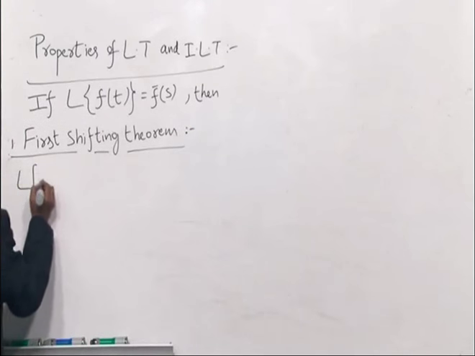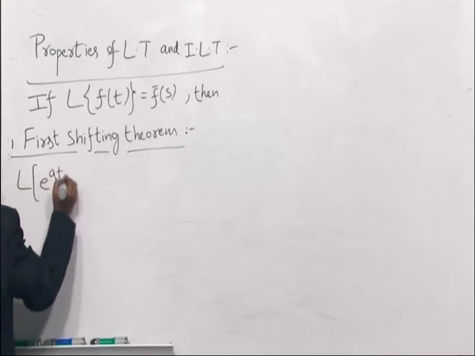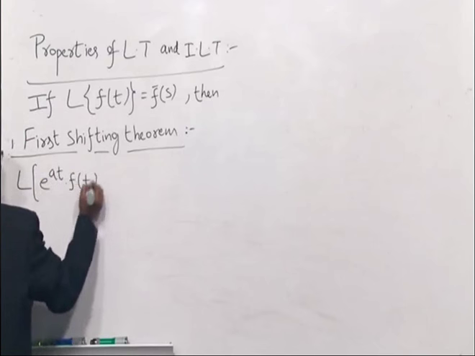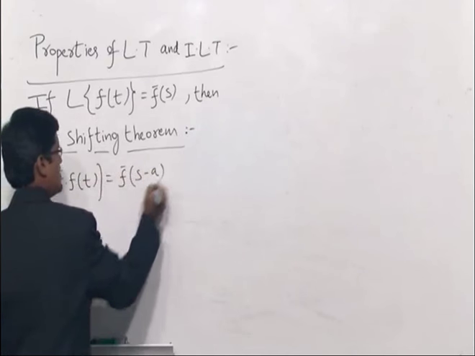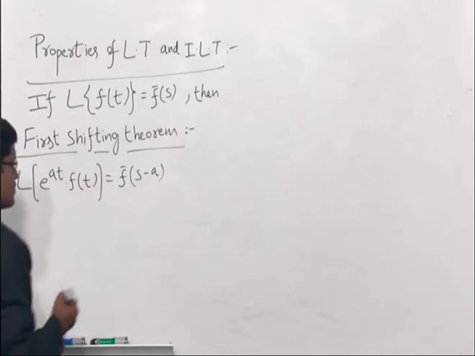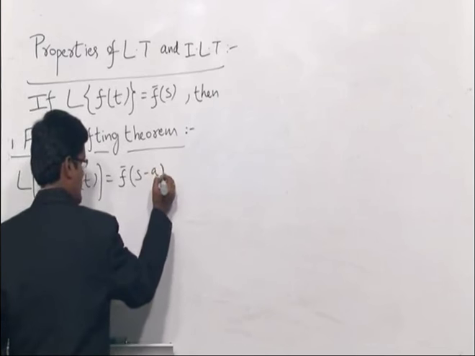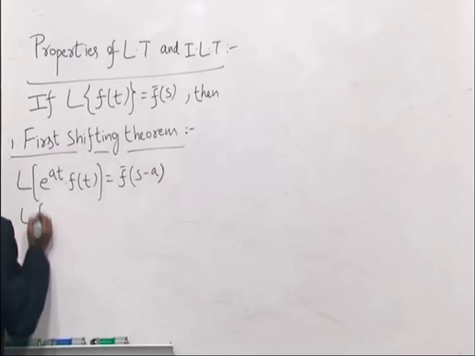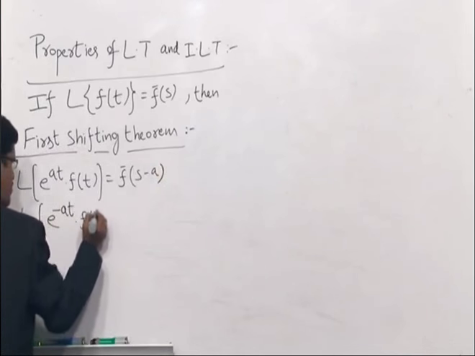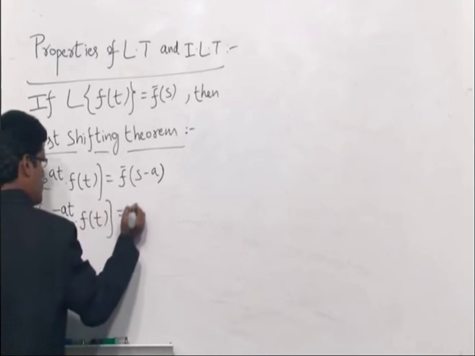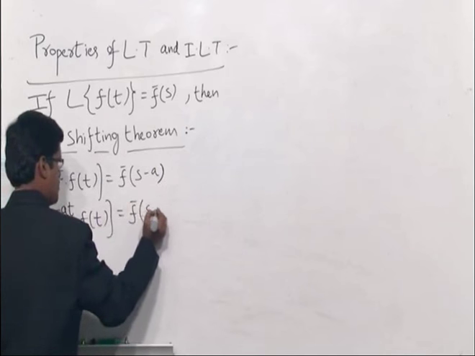L of e power at into f of t is equal to f bar of s minus a. L of e power minus at into f of t is equal to f bar of s plus a.